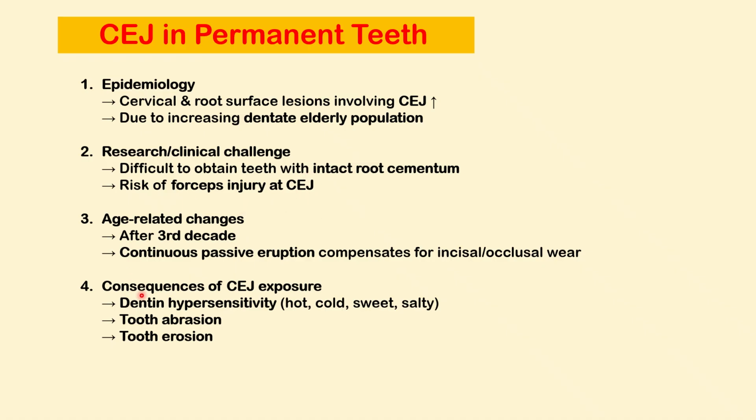There are age-related changes which occur after the third decade at the cementoenamel junction. The continuous passive eruption compensates for the incisal or the occlusal wear. The consequences of CEJ exposure are mainly dentine hypersensitivity. We can see tooth abrasion and tooth erosion.